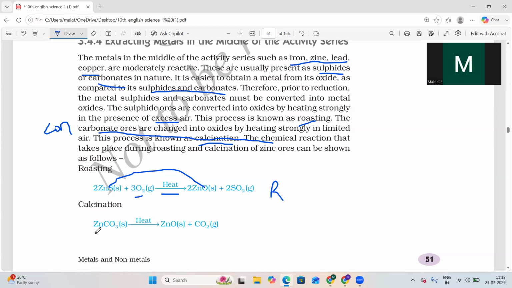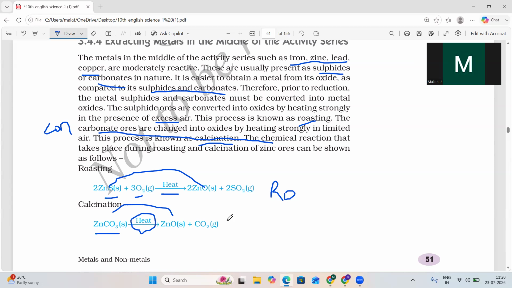So for moderately reactive elements, they are obtained in the form of sulfide ores and carbonate ores. To remove the sulfur and convert the sulfide into oxide ore, we have to heat in the presence of excess oxygen, which is called roasting. Carbonate ores we have to convert into oxide ores in a limited supply of oxygen, or maybe with no oxygen.